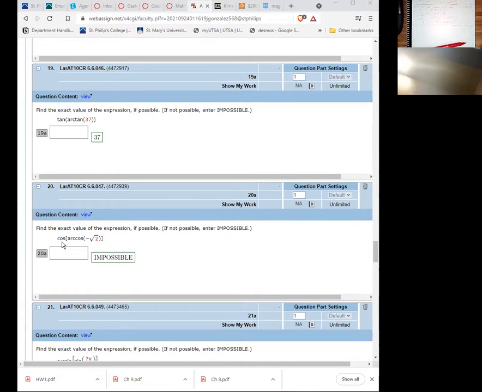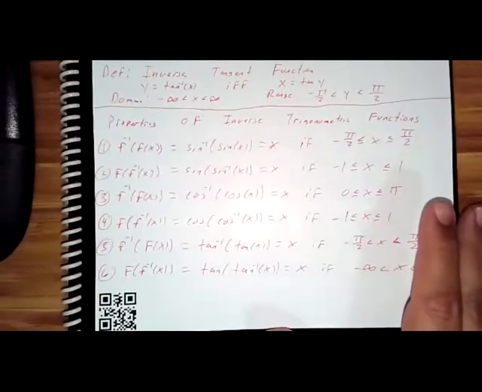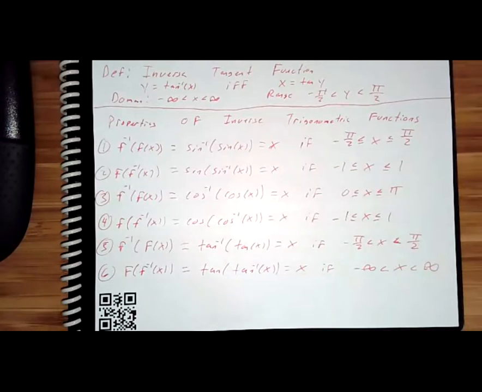Over here, cosine of arc cosine of negative square root of 2 is impossible because, let's go look at the values we wrote. We said at the very beginning, cosine of cosine inverse will cancel, leaving you with a value if x is between -1 and 1. Our x in this question is negative square root of 2. How big is that? That's a decimal.